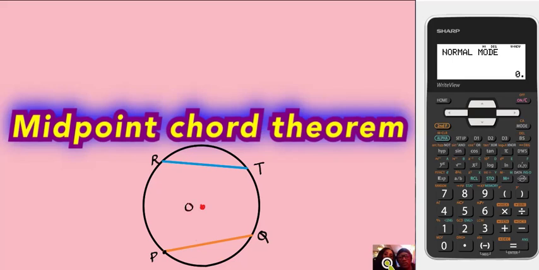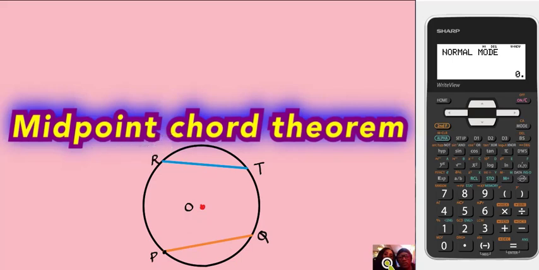They love to use 0 for the center. The rule says, if you draw a line from the center of the circle to the middle of the chord, they will call it the midpoint of a chord.